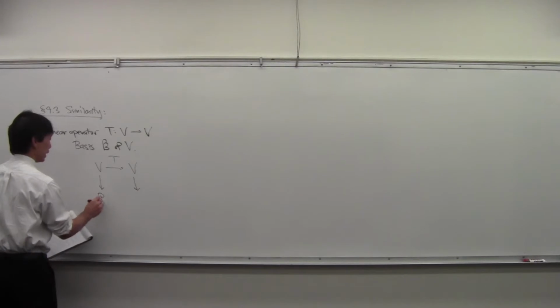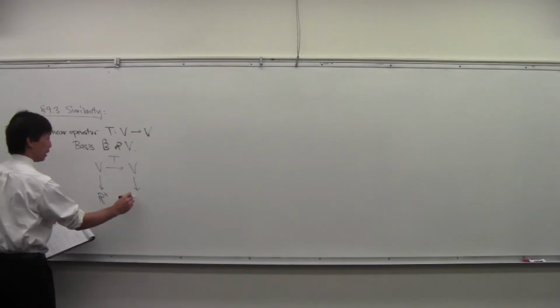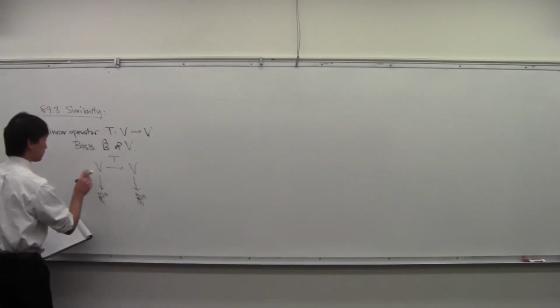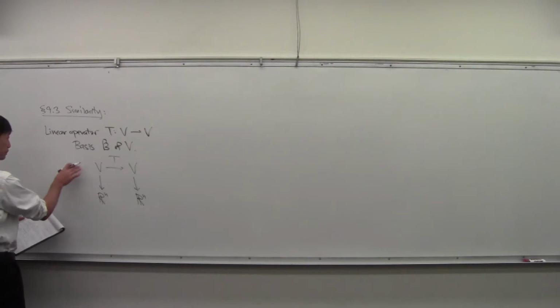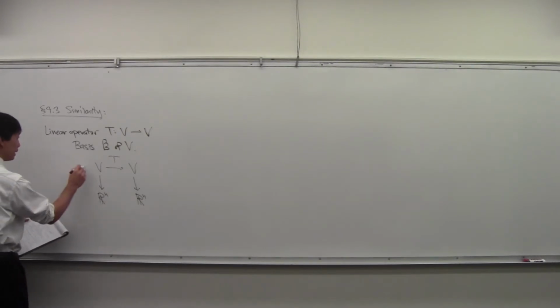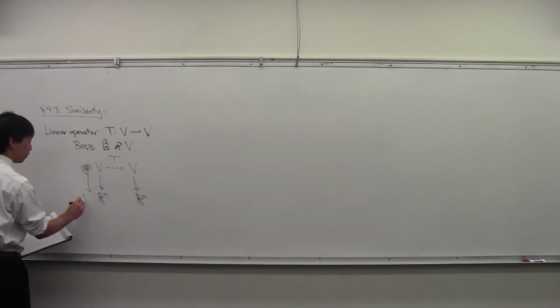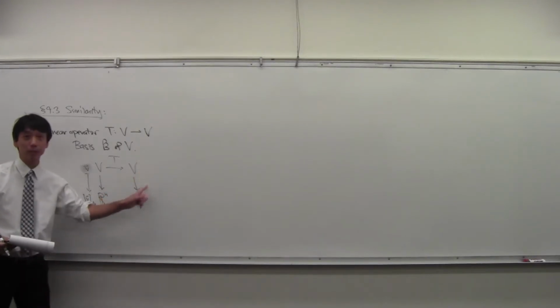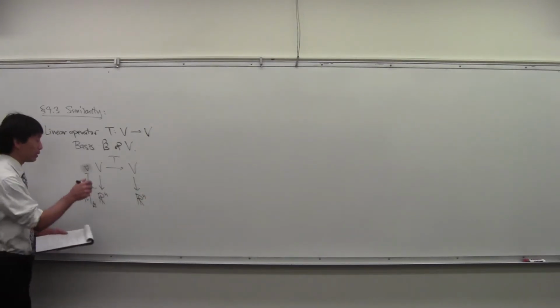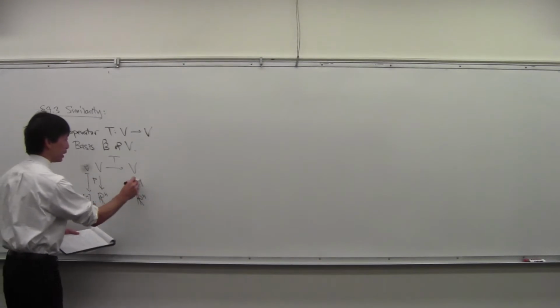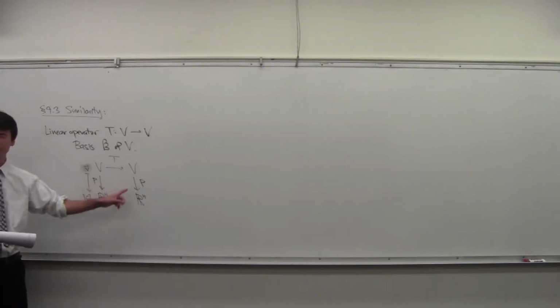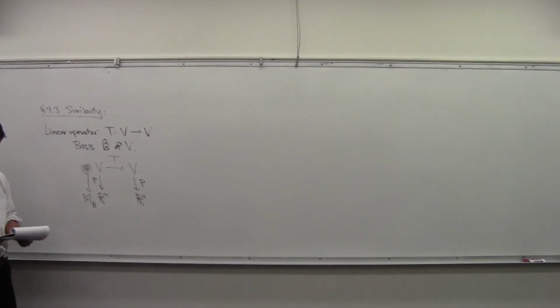So you use the same basis on both sides. Here you have some vector v, and it gets mapped to its coordinate vector with respect to the B basis, and we use the same map on both sides. Maybe if we called it p, it'll be p the same on both sides.